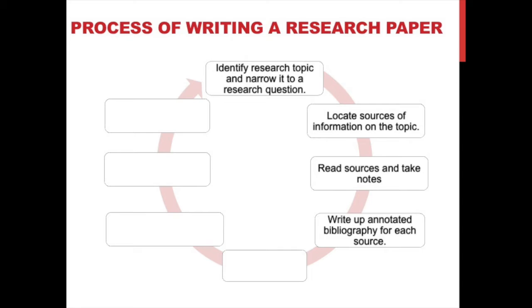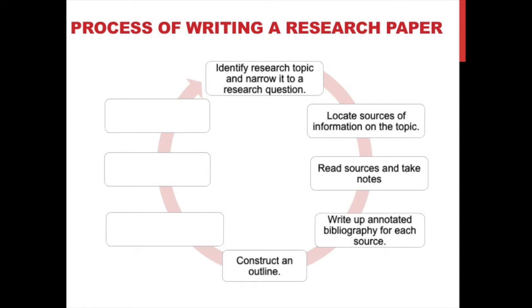Then as you see from our course syllabus, you have to submit an annotated bibliography before the final research paper. What it does is for you to annotate those articles that you read and to see the connection of that article with your research topic.